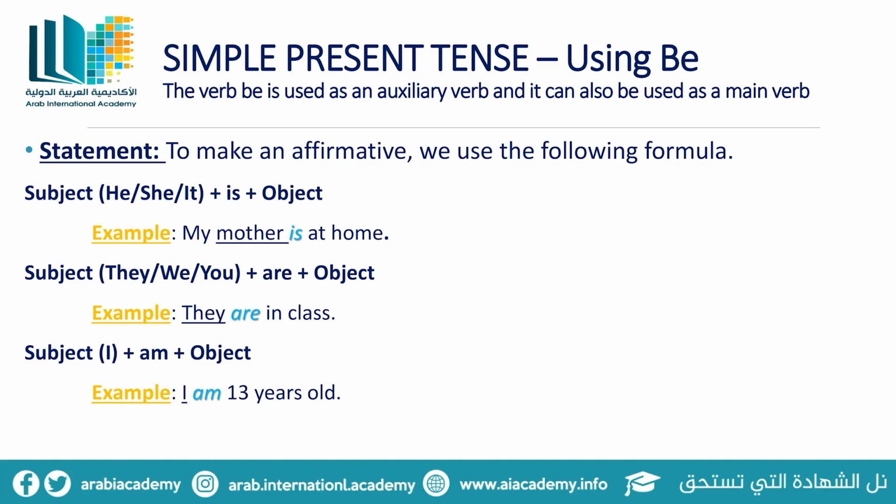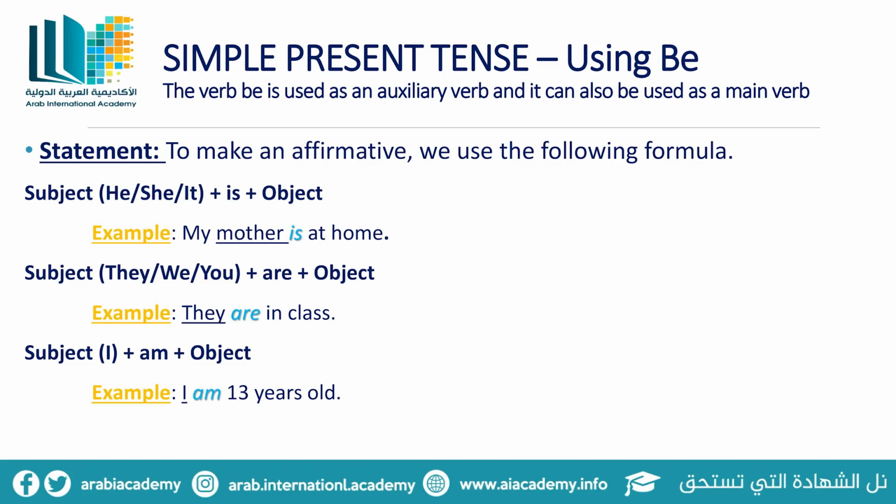Now, if the subject is he, she, or it, we add is plus the object. For example, my mother is at home. Mother is the subject and it refers to the pronoun she. We added is since we have the subject she and then the object.